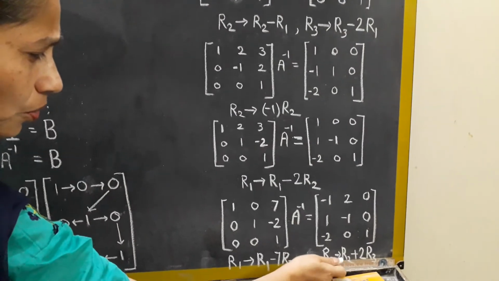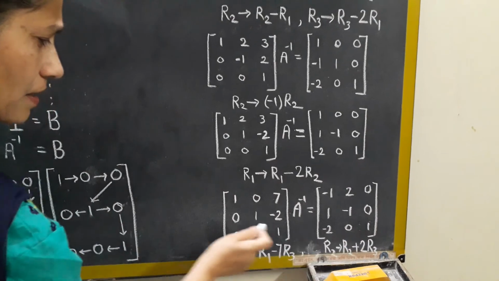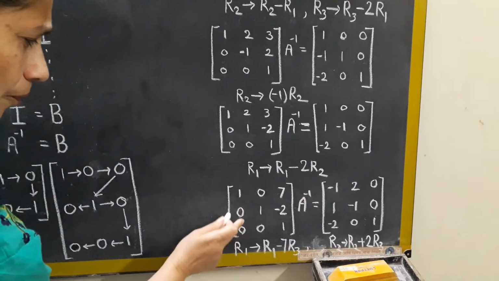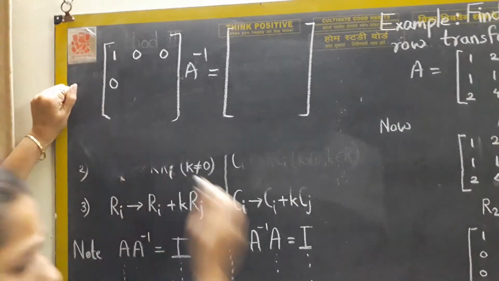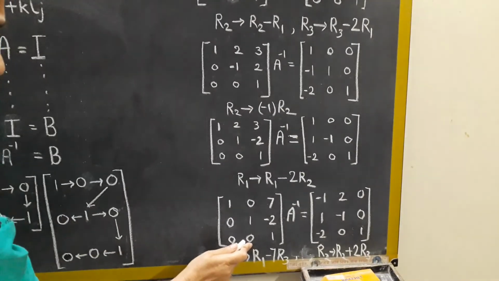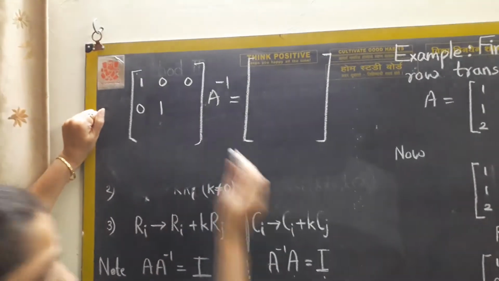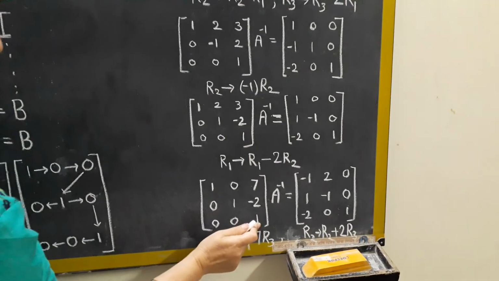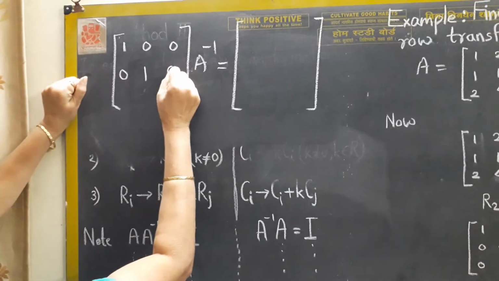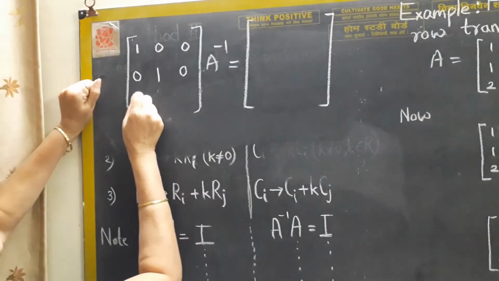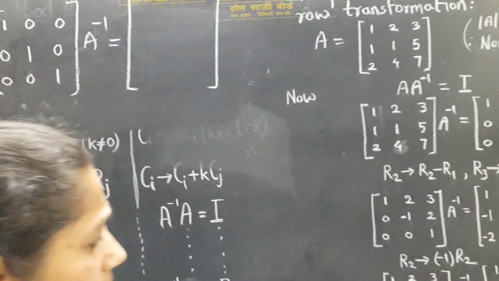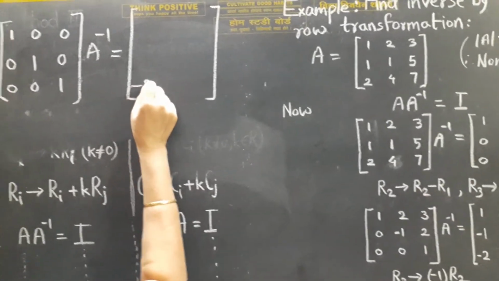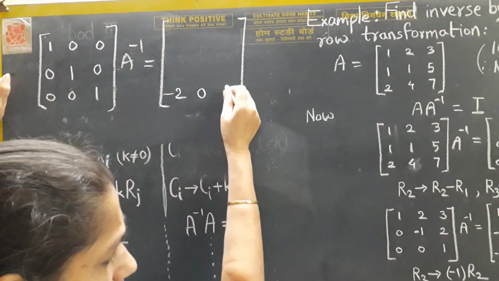For R2 I want to change it in this way. So R2: 0 plus 2 times 0 is 0. 1 plus 2 times 0 is 1. Minus 2 plus 2 times 1 is 0. And the last one, there is no change in R3, so we write it as it is.